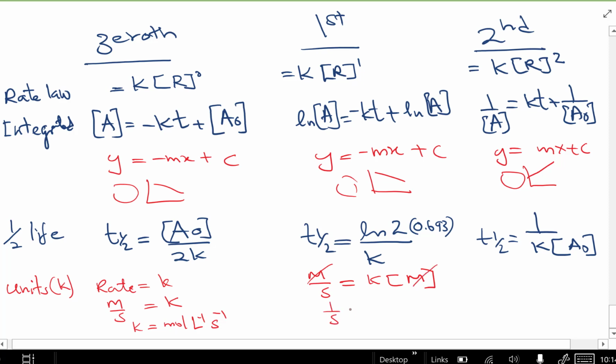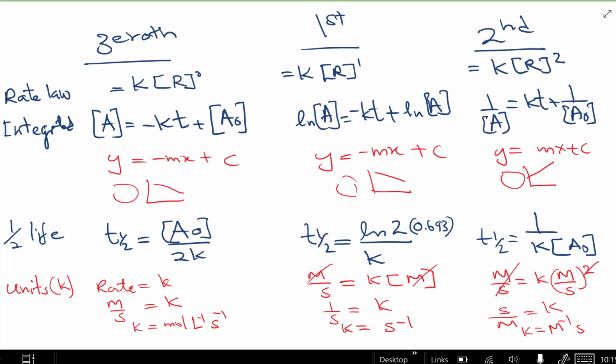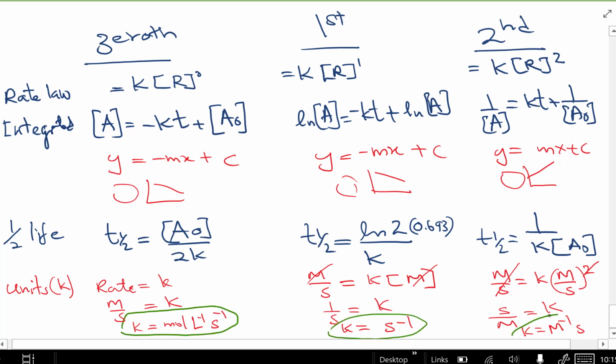So M to M cancels out. k is actually 1 over s, k is s to the minus 1. That's an easy one for first order. Now second order, rate is M over s, k is M over s times M squared. So the M's cancel out, leaving M squared. So that means k is 1 over M times s. So we can rewrite this as M to the minus 1 s to the minus 1, right? So that's how the units are. These units can sometimes be in multiple choice questions, right?